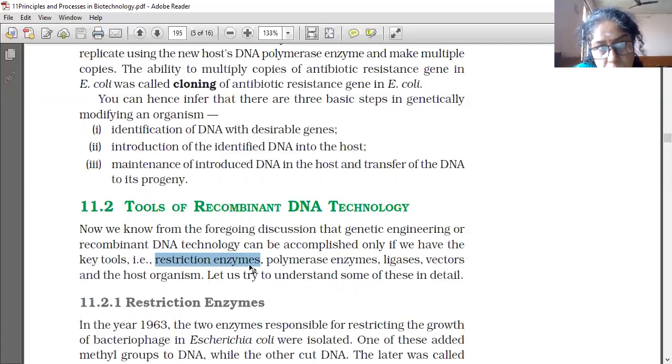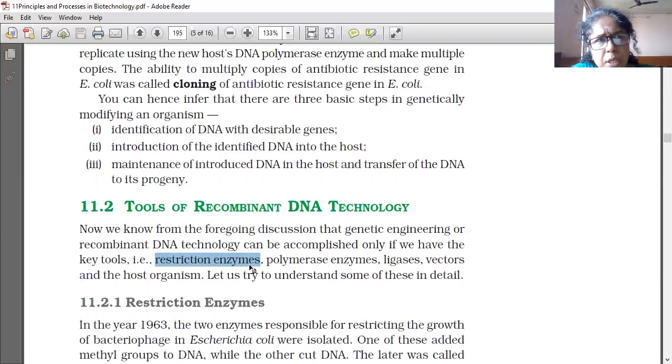Before recombinant DNA technology, we have to find DNA with the desirable genes from an organism carrying them. That portion of the DNA should be cut, and for that, restriction enzymes are used.